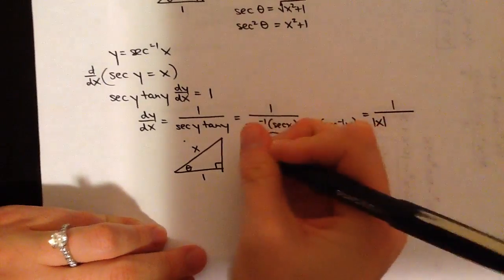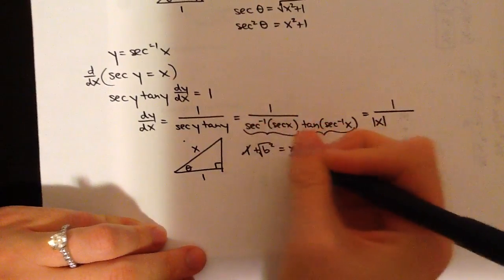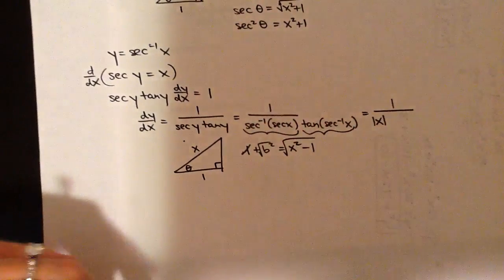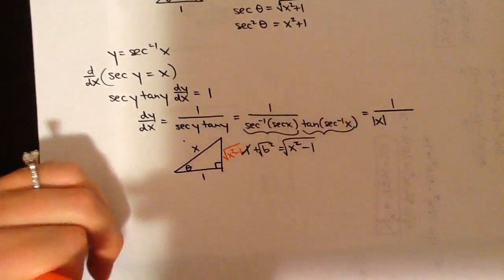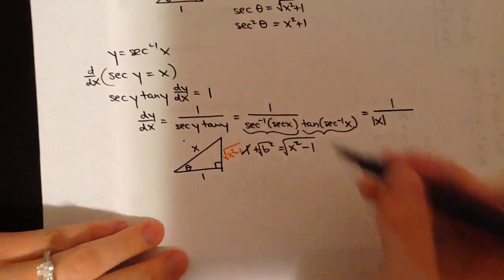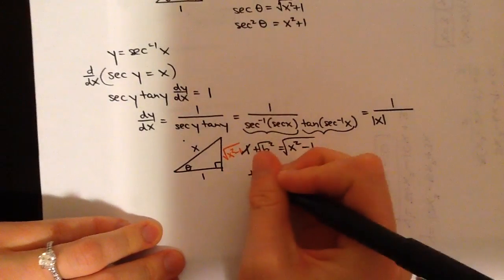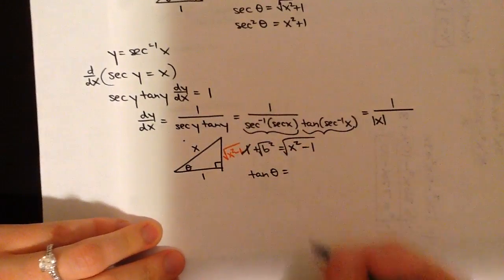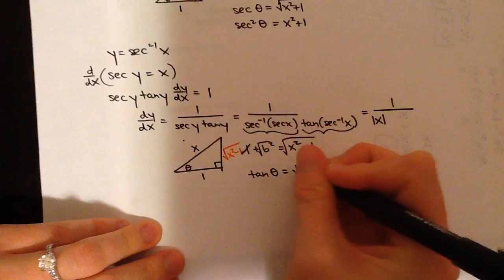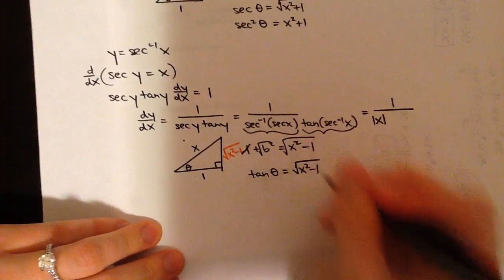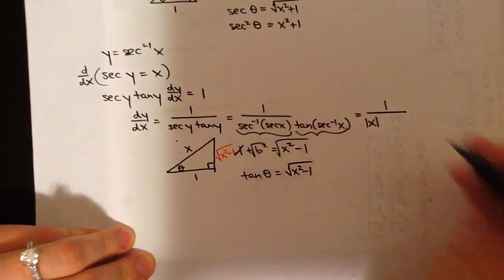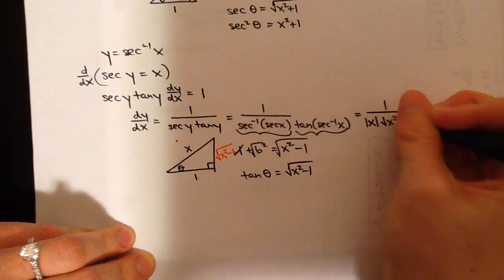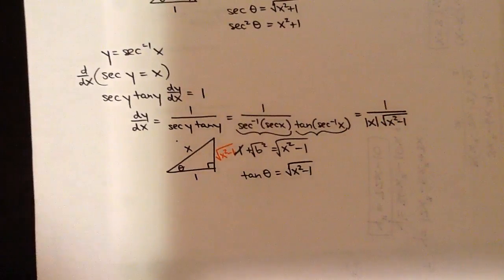So I subtract 1 from both sides and then square root. So that missing side is the square root of x squared minus 1. As the last little thing, I need to find the tangent of that angle. The tangent is opposite over adjacent, which is just 1. And so finally, I plug this thing back in, and that is where that comes from.